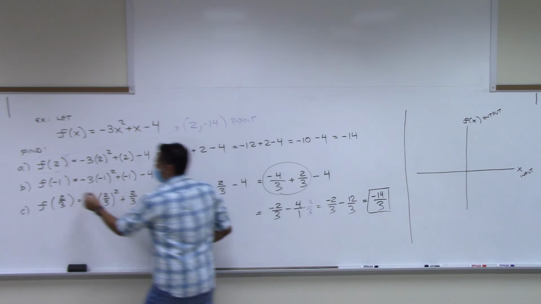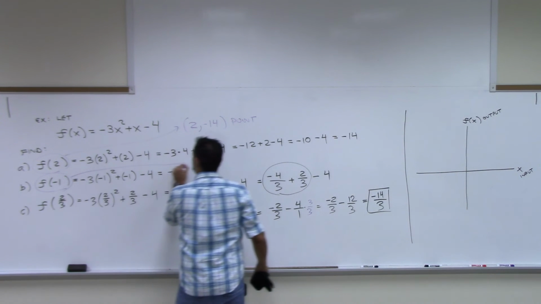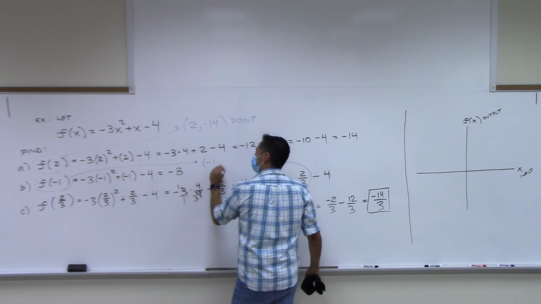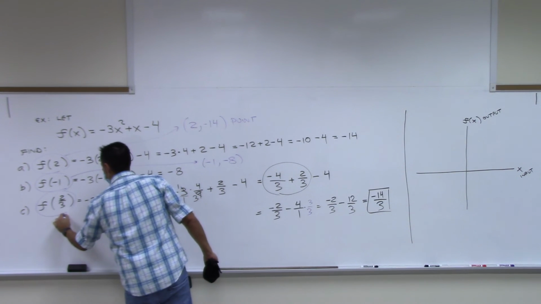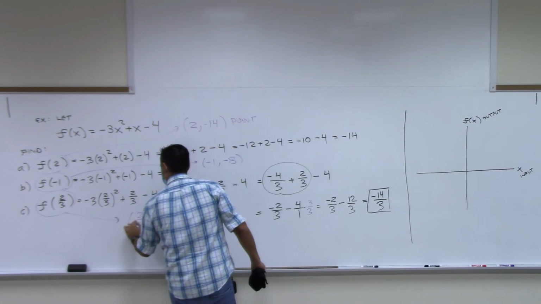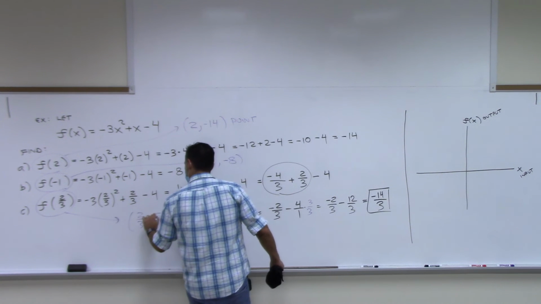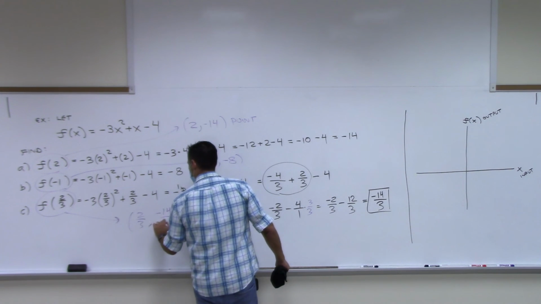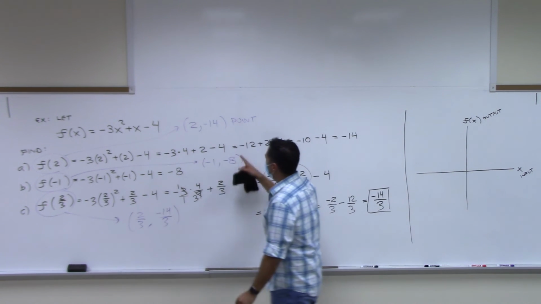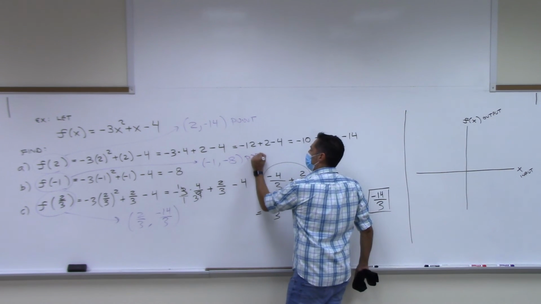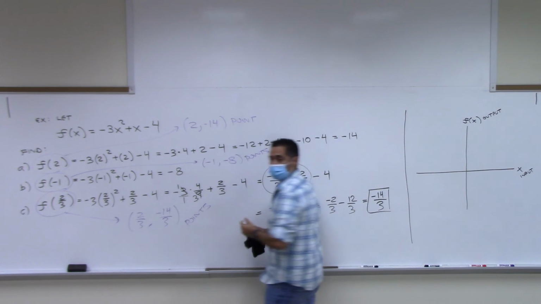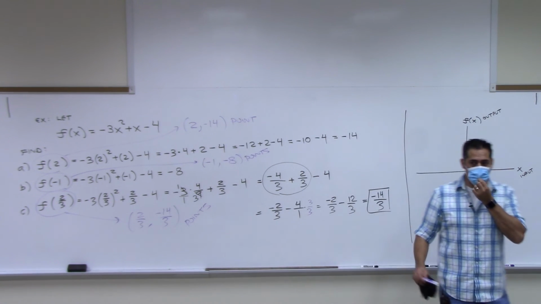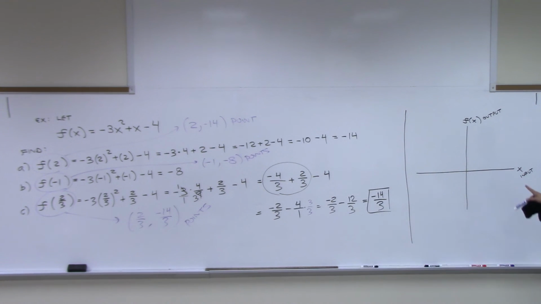And then the next one means that when I plugged in negative 1, I got negative 8. And then the last one means when I plug in 2/3, I get negative 14 over 3. So these are all points now, right? I have 3 points. Yes? 3 points? And so what I'm going to do is I'm going to plot them on this graph.